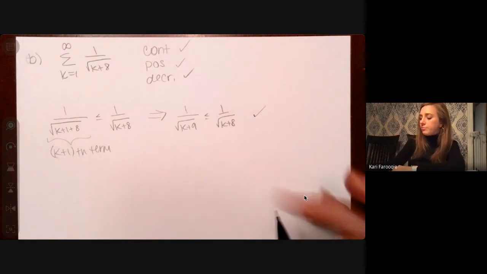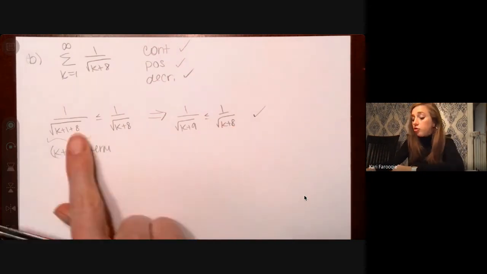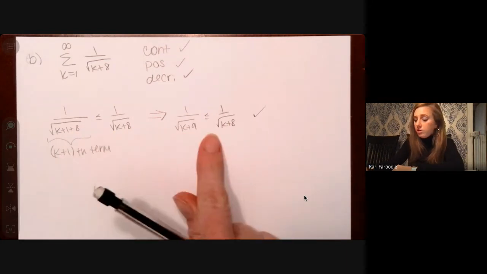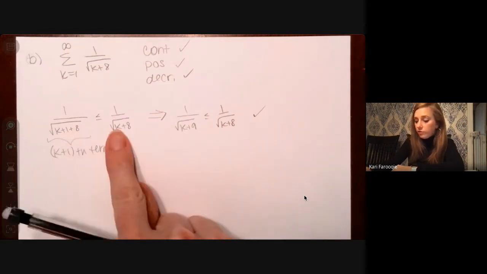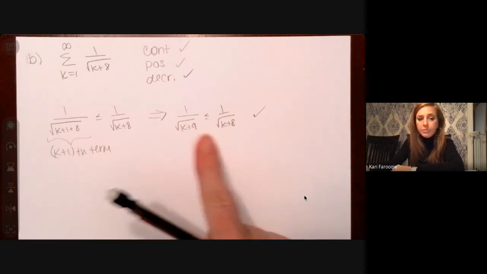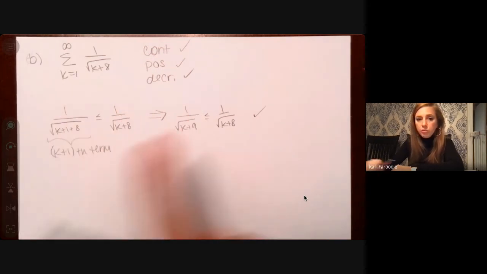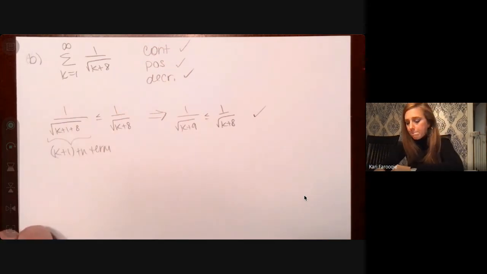Not making you do that. If it's glaringly obvious, I'm okay with that. Just show me. For decreasing, you can't just say check until you've actually shown me something. Making sure it's obvious. And this is going to be most obvious when your numerator is a constant.